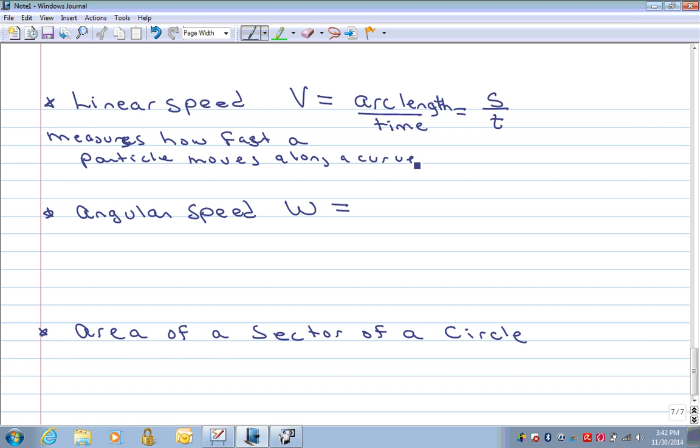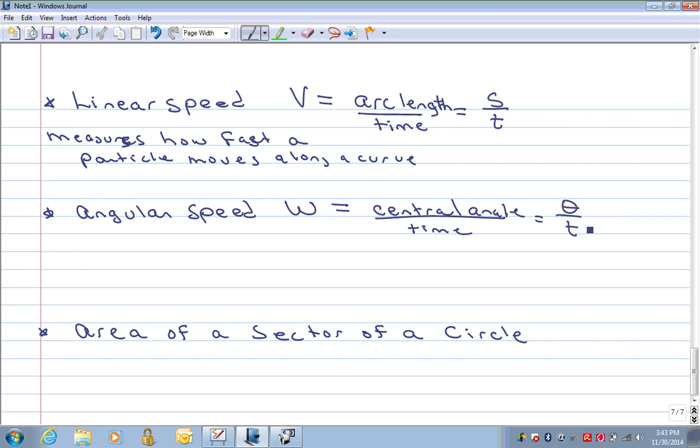All right, next, angular speed. Angular speed is represented by W, and it is the central angle, which we usually represent by theta, and theta is always measured in radians. If I didn't say that earlier, theta will always be measured in radians. So it's the central angle divided by time, which is theta divided by time.